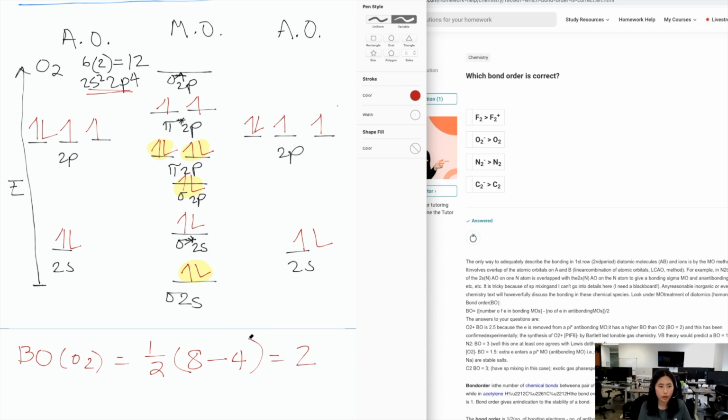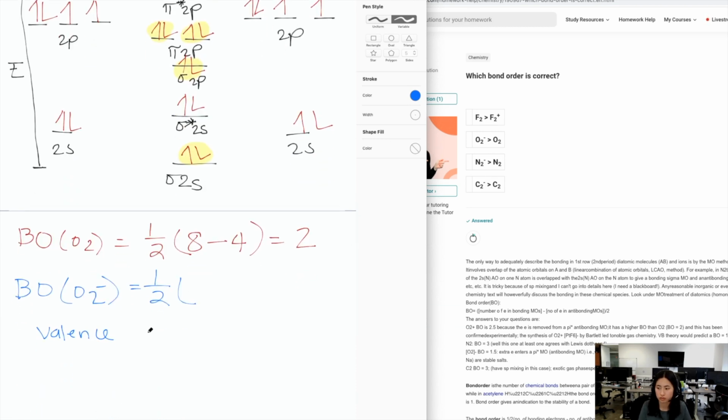And then if we go and look for O2 minus, because that's the next one, that means you have to have 1/2 times whatever the number of electrons for bonding is minus anti, right? So for your valence for O2 minus, that means you're going to have 6 times 2, right?